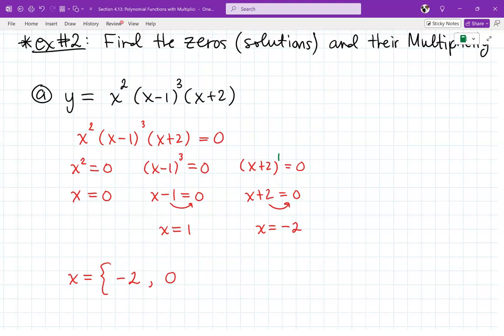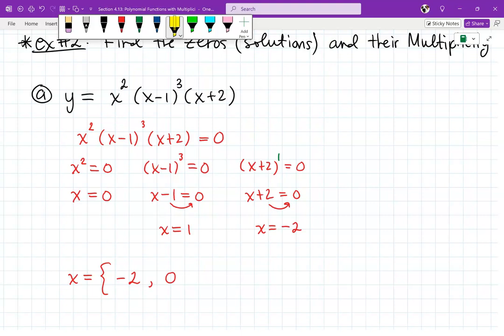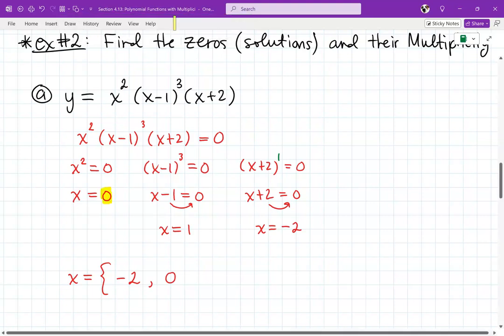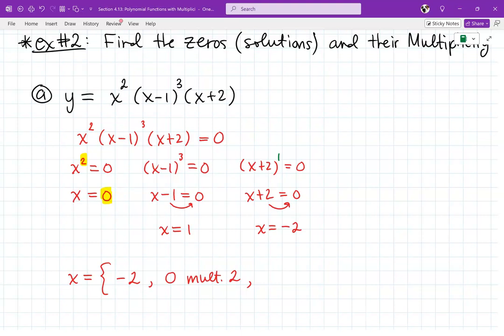Go back and look real quick. x equals 0. It happens twice, right? So x equals 0, let me highlight it. This one occurs twice. Okay? So I'm going to write multiplicity 2. So mult of 2, meaning it occurs twice. 0 multiplicity 2. It occurs twice.